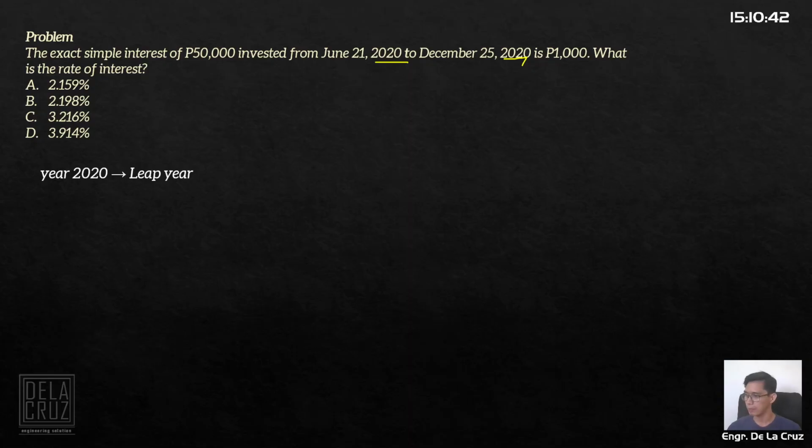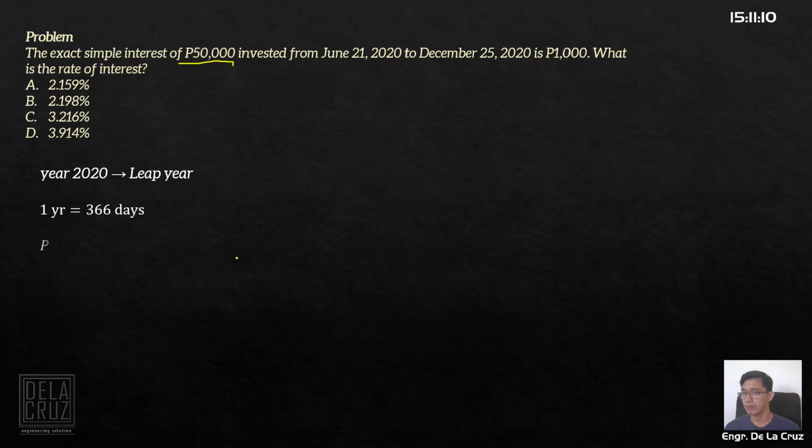So, that is a leap year. Kung di siya exact value, then that is not a leap year. So, anyway, so much for that. Basta yung titingnan natin exactly divisible by 4 siya. So, if that is a leap year, 1 year is 366 days.